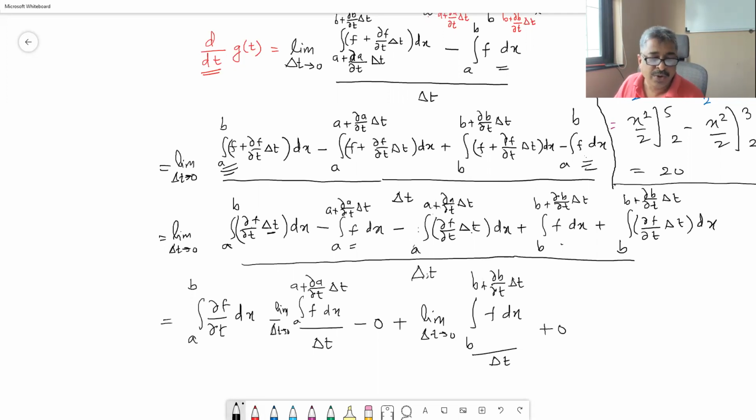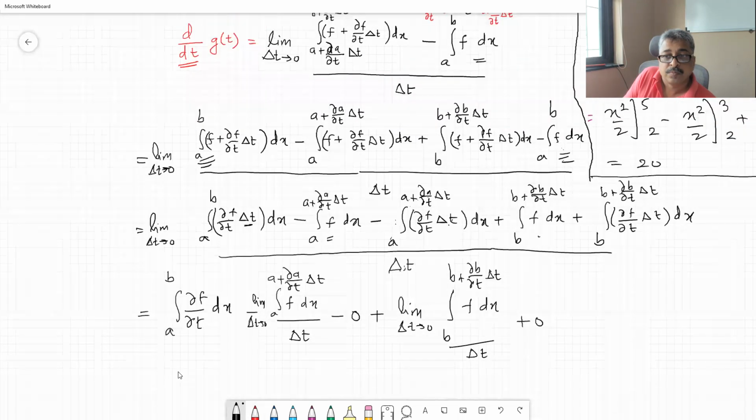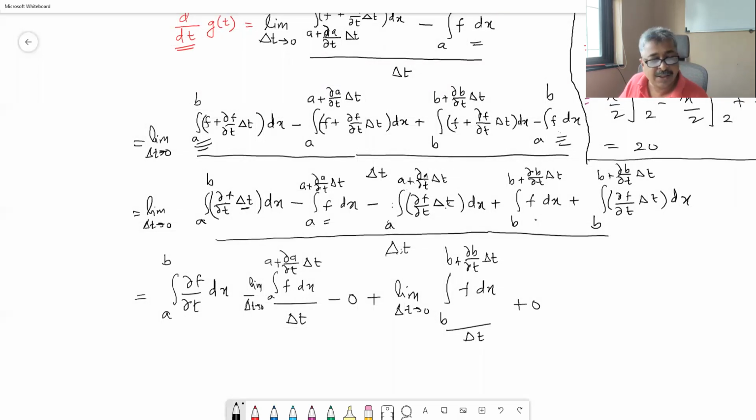What is this? How do you evaluate this limit? That is the question. The final formula: d/dt of the derivative of the integral which we had considered in the beginning, is integral a to b of del f by del t.